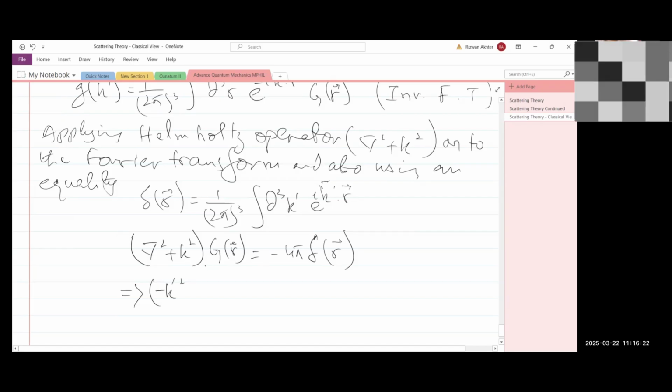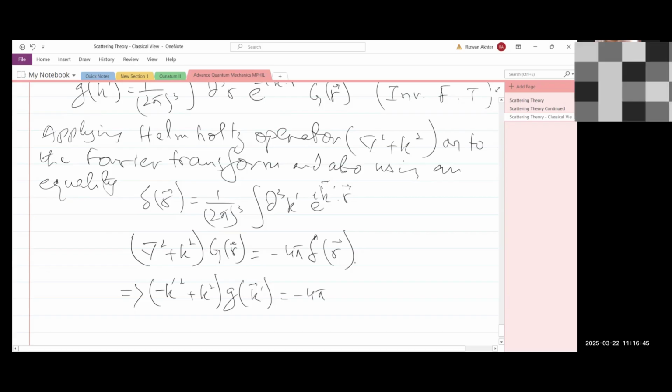So this operator operating on g of r, the Fourier transform, would give you minus k prime square plus k square times g of k prime, which is equal to minus 4 pi. And in place of this delta function, we will use the equality we mentioned above. So the right hand side would be equal to what?